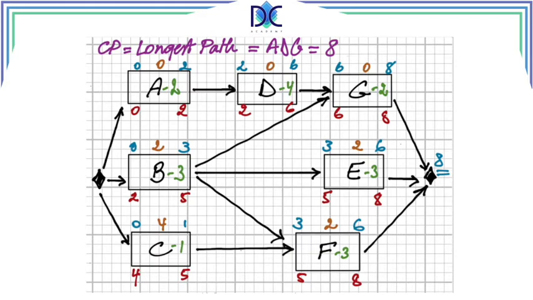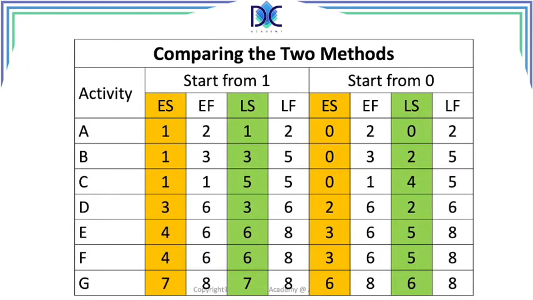Now one of the things I wanted to do is to compare the two methods. When we put it in a Gantt chart, everything should look the same. However, when we look at the start from 1 and the start from 0, you will see that there is 1 unit difference between the two methods.